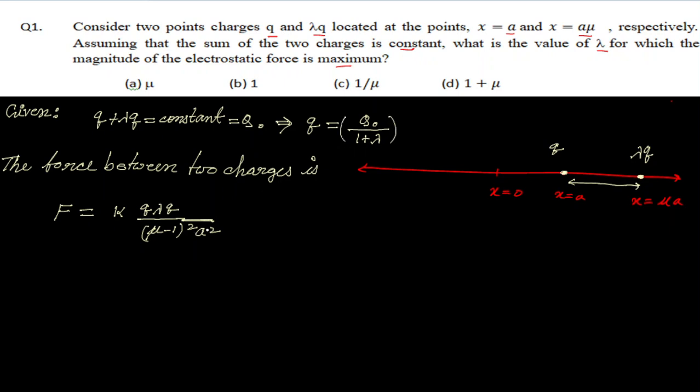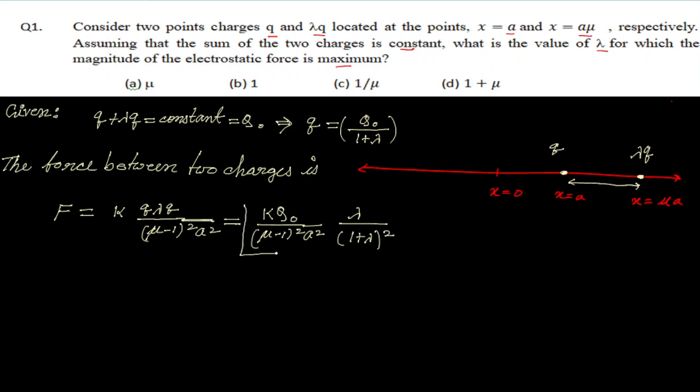If we put this value of q in the equation, we get k lambda q square, so replacing q in terms of lambda we get k q naught square divided by (mu minus 1) whole square into a square, times lambda divided by (1 plus lambda) whole square.